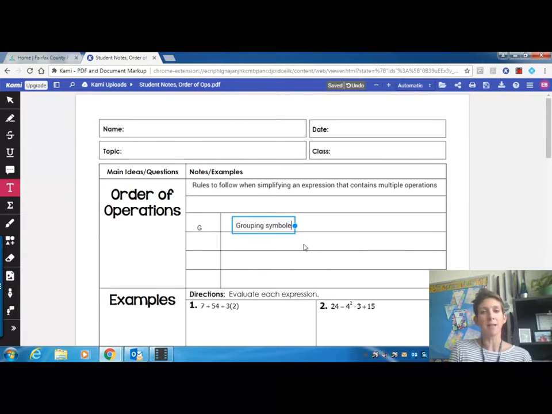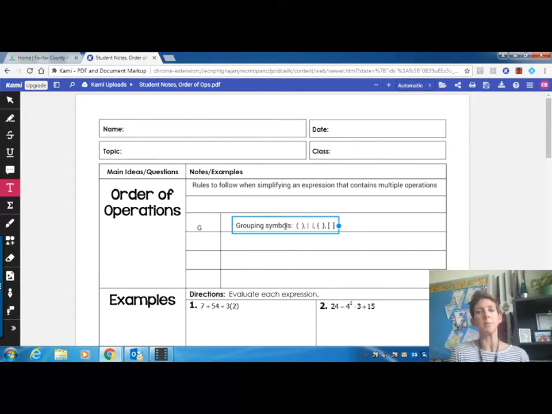Now, there are many different kinds of grouping symbols that we use, and many that you're familiar with already, such as the parentheses. And you have seen absolute value. Yes, absolute value is a grouping symbol. And what you'll also be seeing this year a little bit, and more so when you get to algebra, are braces, and you'll also see brackets.